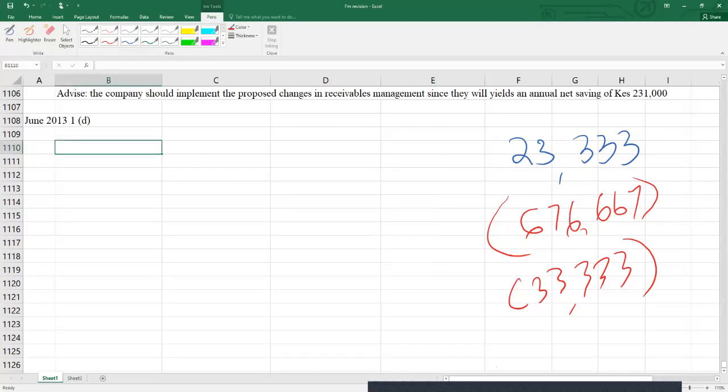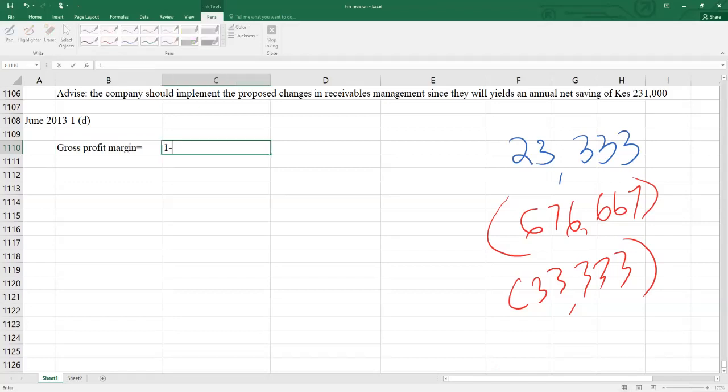First to get the margin, you'll be given the variable cost to sales ratio, so you can get the margin. Gross profit margin is equal to 1 minus the variable cost ratio.